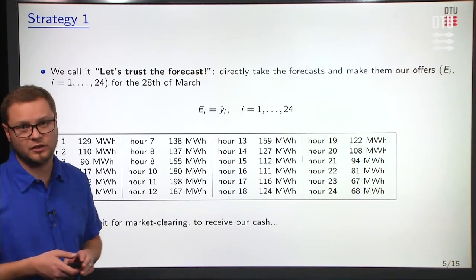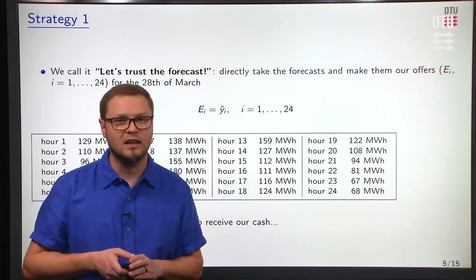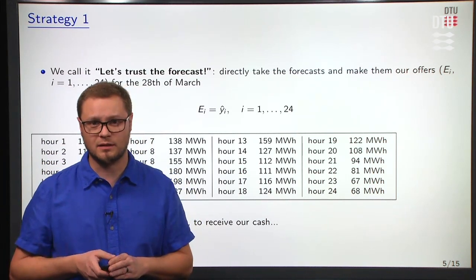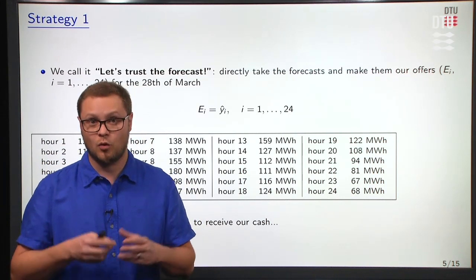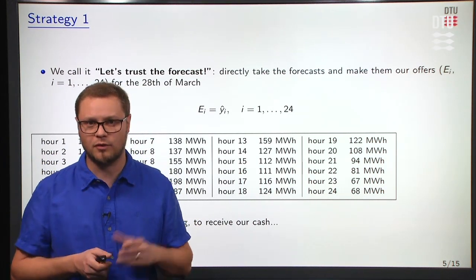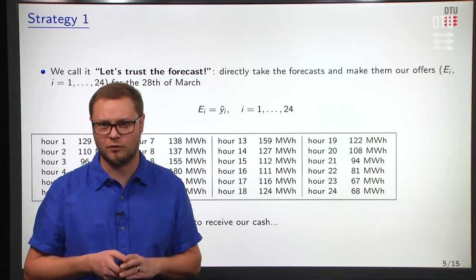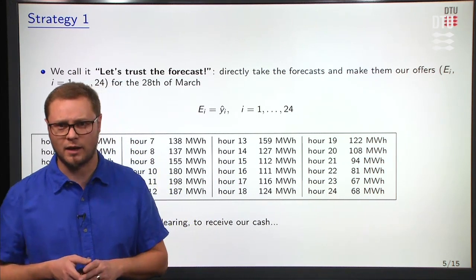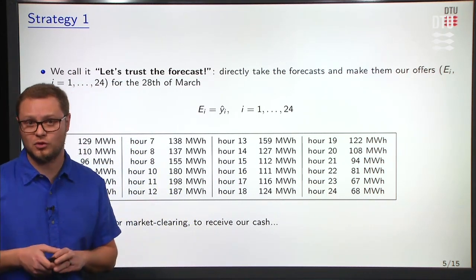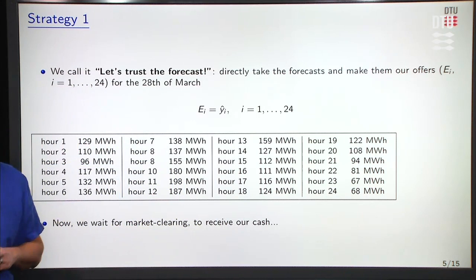Well, the first strategy, which seemed quite straightforward: since we invest in this forecast and we receive this information, which should be the best we can know about our production or energy generation the following day, why don't we trust the forecast? This is a very used strategy, and we're going to try it here.